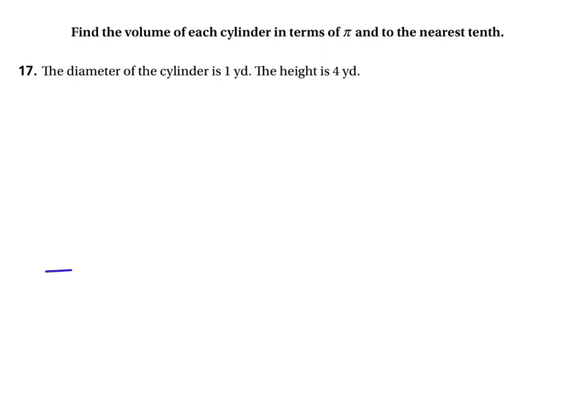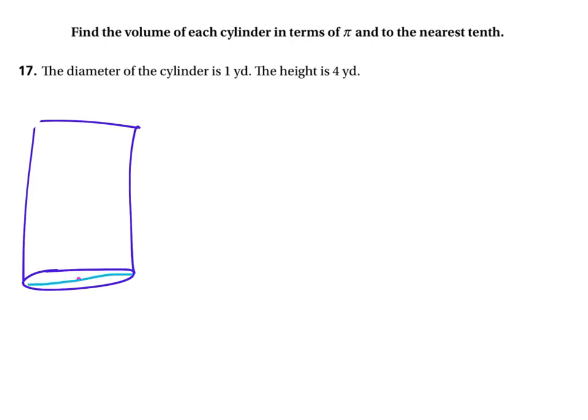The diameter of the cylinder is 1 yard, so if we have a cylinder that looks like this, okay, then if the entire diameter going straight through the middle, let's say there's the middle, if the whole diameter is 1 yard, then half of that is 0.5 yards. 0.5 yards. And that's the radius. That's halfway through.